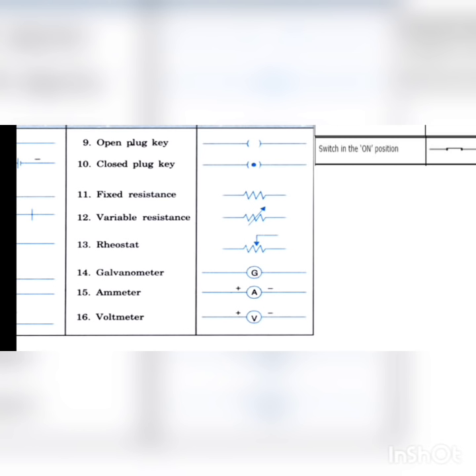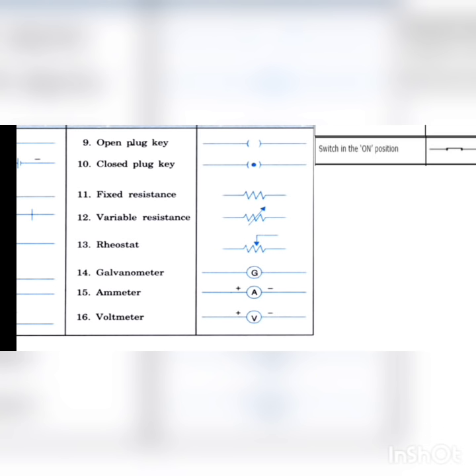So just keep this in mind that variable resistance and rheostat in your NCERT book are shown in one space only, but these are two different symbols. Keep in mind which symbol belongs to which. Fine. So there is a correction in the NCERT book.